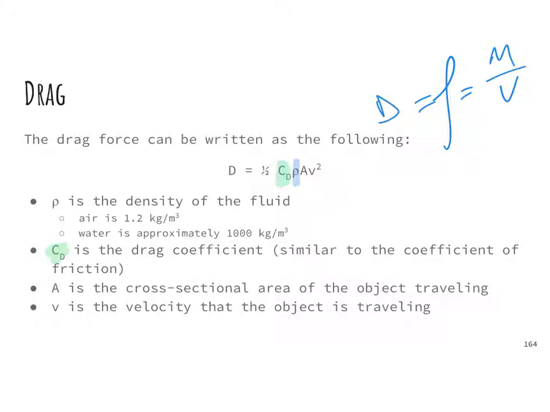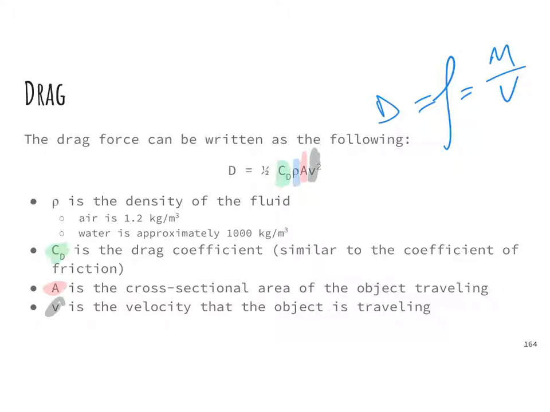A is the next thing. A is the cross-sectional area of the object. So if I think about a parachute, a very wide parachute is going to experience more drag than a narrow parachute. And that makes sense because if I'm in a military style parachute, I'm going to have a lower cross-sectional area so that I can go faster, so I encounter less drag. And then finally, the last part is the velocity.